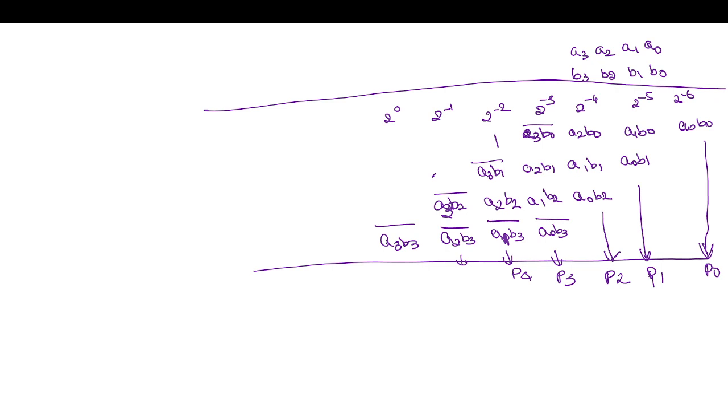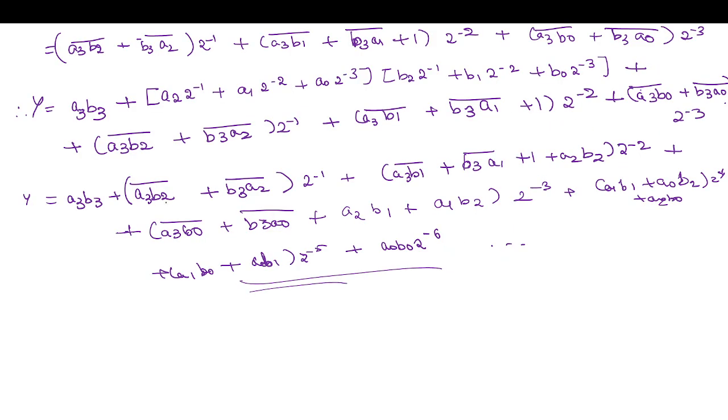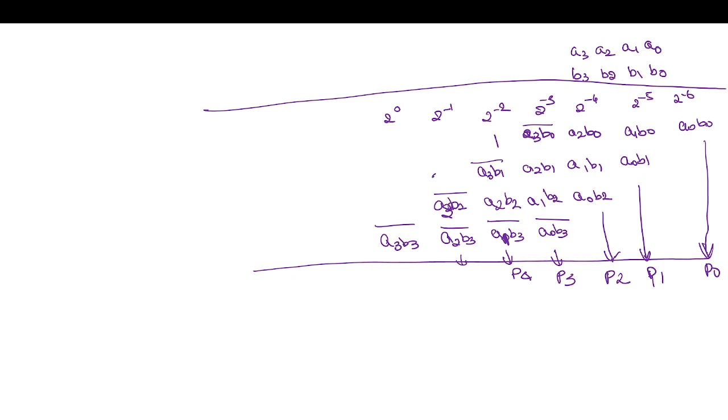The ALU consists of a multiplier unit, but the multiplier type will depend on which type of arithmetic, signed or unsigned. Then next is 2 to the power minus 1. These are the terms. Let us check. It is a3 b2, a2 b3, and last is a3 b3. So P6 and then P5.